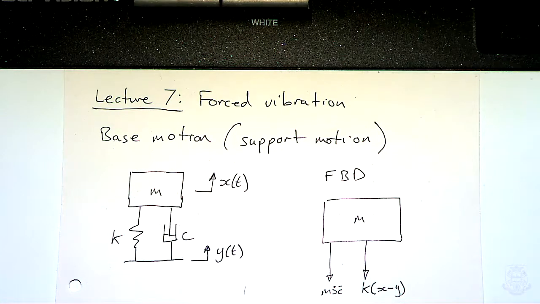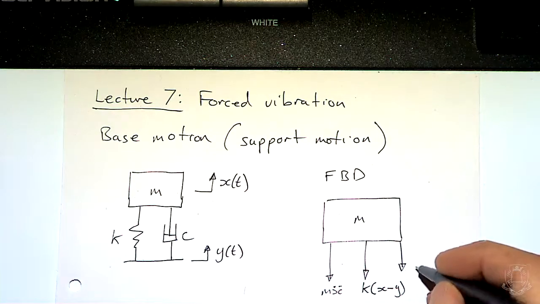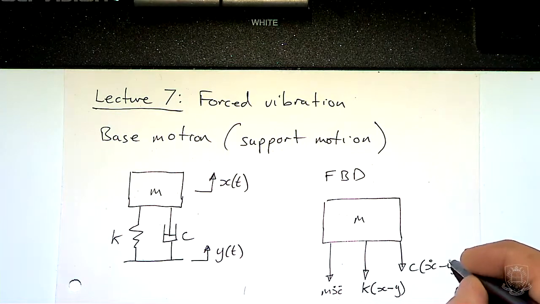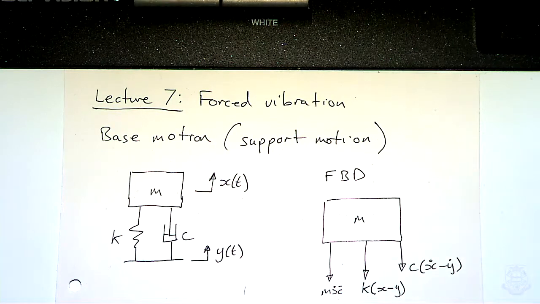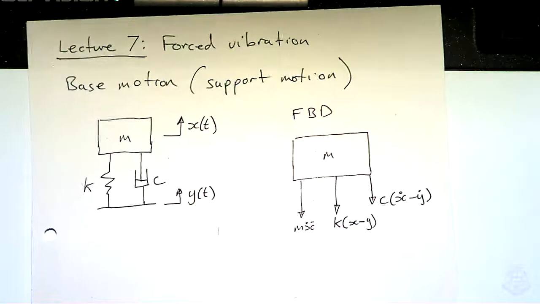In the previous examples, the bottom was clamped and we just moved the top of the spring, so the spring force was k times x. But now the bottom and the top of the spring can move, so it's the relative displacement, which we multiply by k to get the spring force. And it's the same with the damper force. We have a relative velocity now, x dot minus y dot, and we multiply that by our constant c to get the damper force.